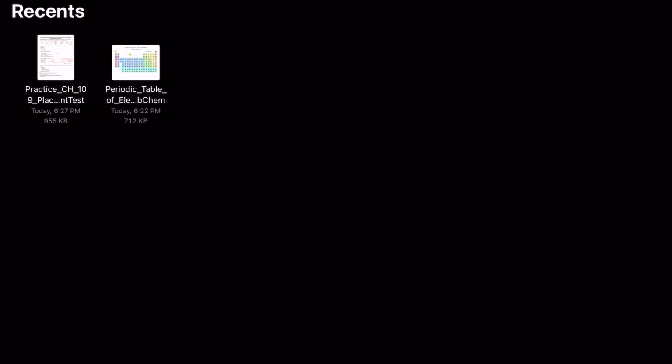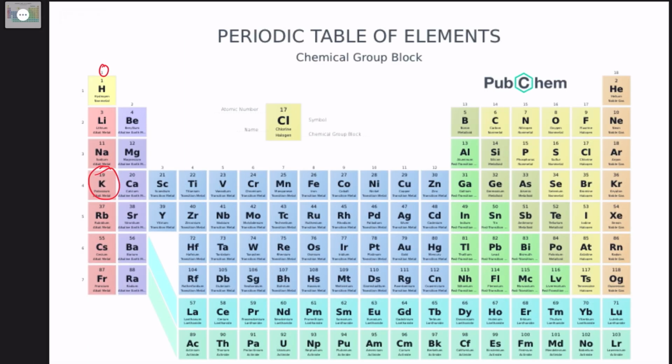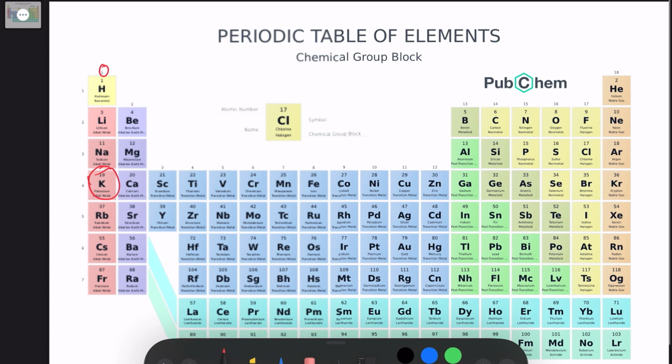So the way oxidation numbers work is, we have sodium right here, and it's in group 1. Like I said earlier, the elements are always trying to have a perfect 8 in the outer shell, and sodium doesn't really like having that one extra valence electron.